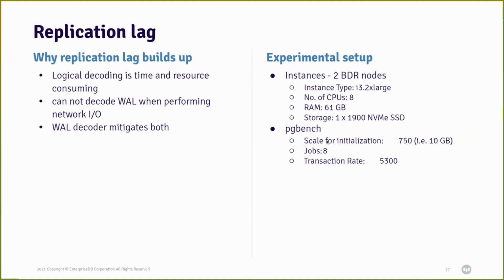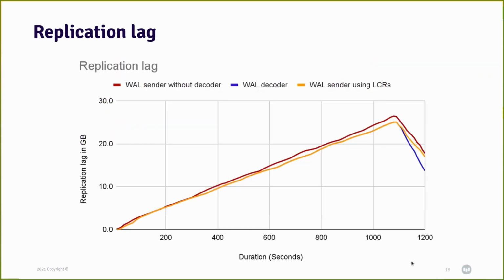We measured replication lag typically with a BDR cluster with 2 nodes and a resource-rich AWS instance with more CPUs, more RAM, more and faster storage, but also with a higher number of parallel connections of PG bench, higher scale, and a higher transaction rate. So here's the result.